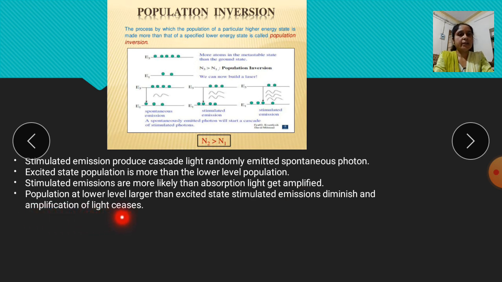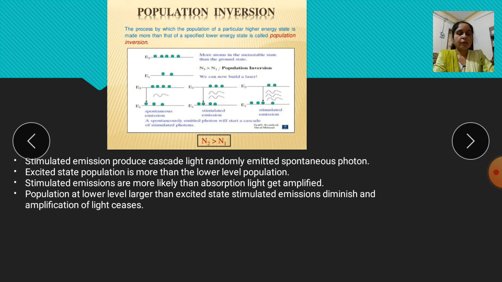Amplification of light will be produced according to the phenomena of spontaneous and stimulated emission. So according to the energy levels and population inversion phenomena, we get the amplification of light.